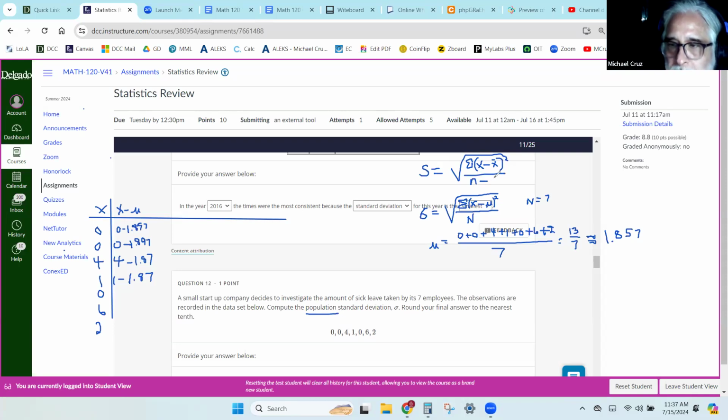If you've got a sample, you do the n minus 1 division before you take the square root. But this part is still the same. It's 5/7.